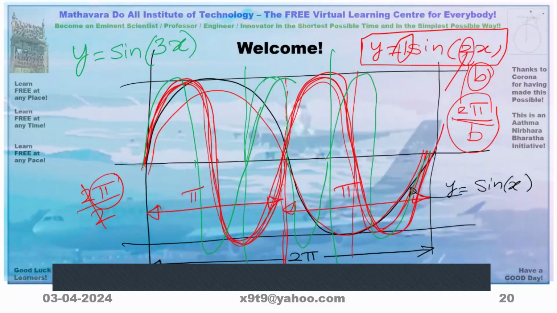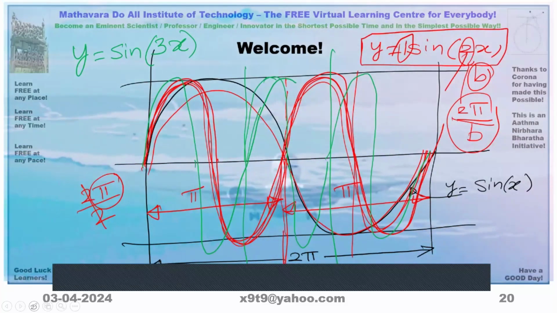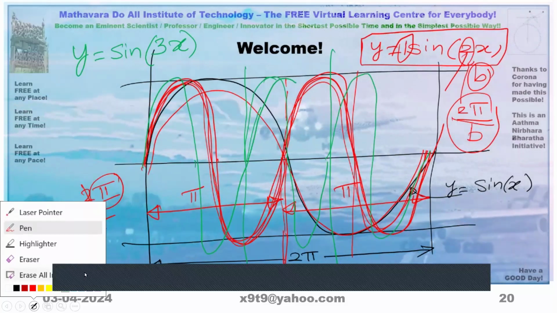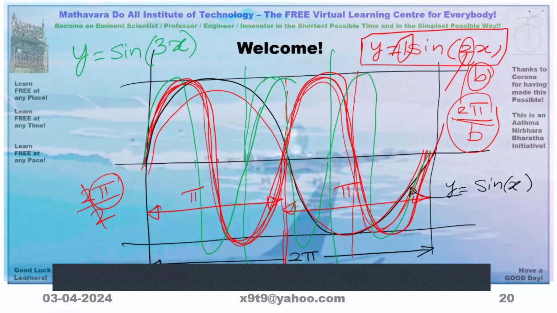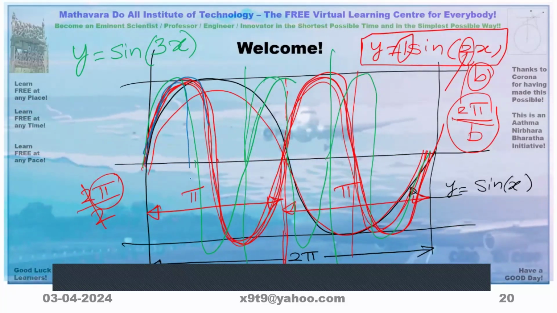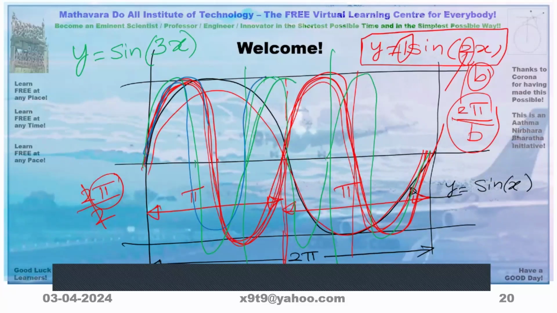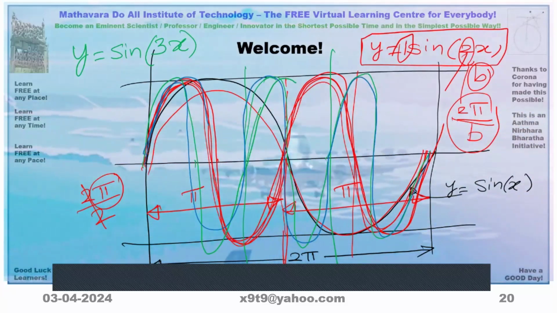Like that. So that means it will come 3 times.